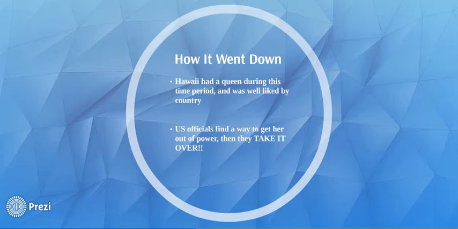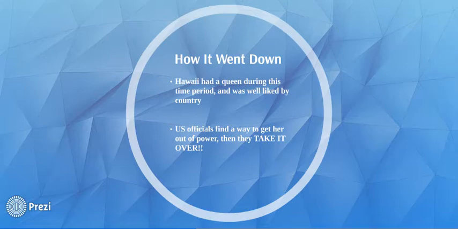Also living on Hawaii during this time period were a bunch of white plantation owners from America. These plantation owners wanted America to annex, or take over, Hawaii because it would make trading and selling to American businesses a lot easier for their sugar production.